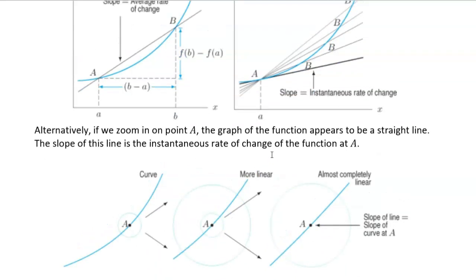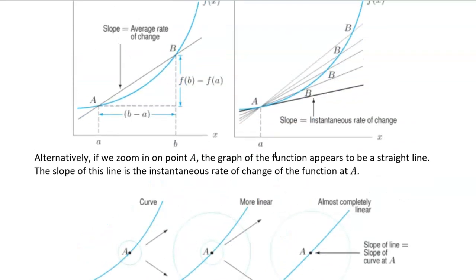A line that touches at one point is called a tangent line. If it touches at 2 points, it's called a secant line. But if it touches at one point, it's called a tangent line. And so essentially, the instantaneous rate of change is the slope of this tangent line.